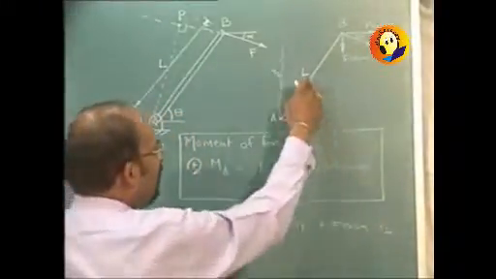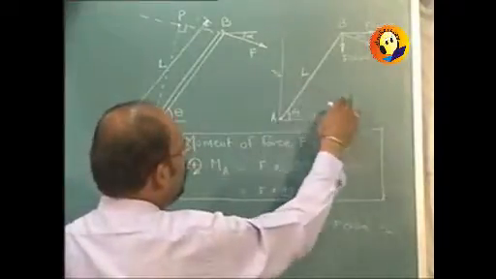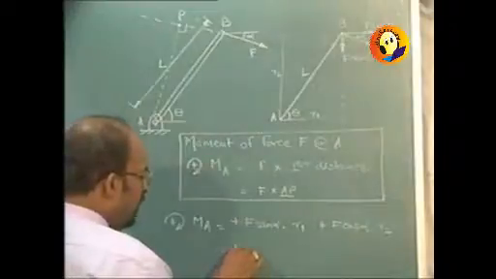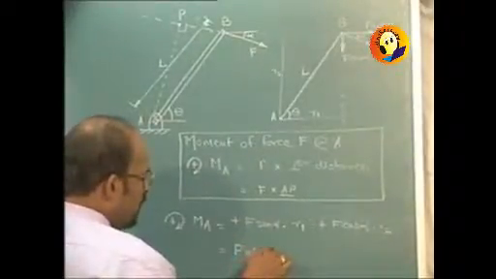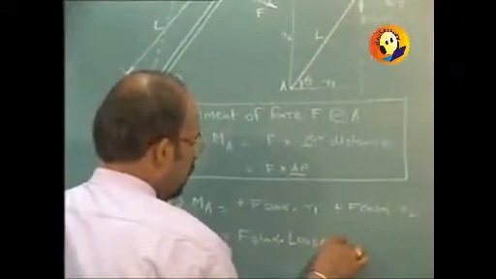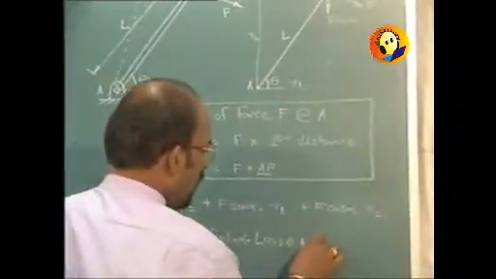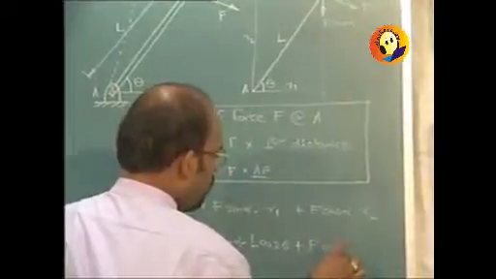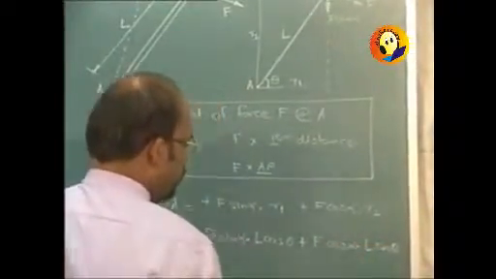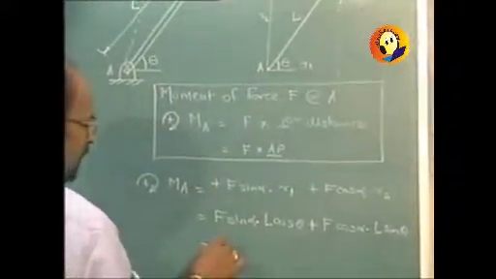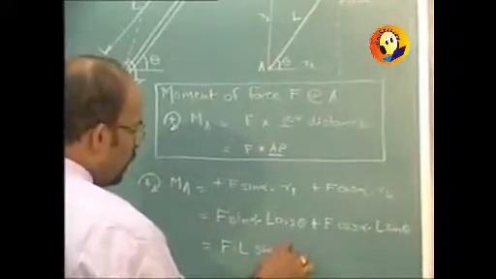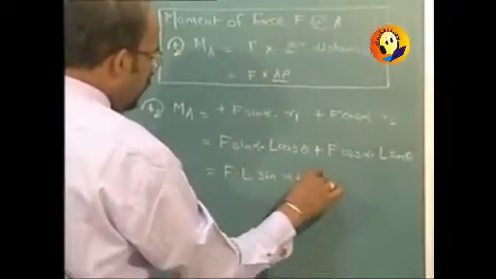So R1 will be L cos theta and R2 is going to be L sin theta. And so it can be written as F sin alpha into L cos theta plus F cos alpha into L sin theta, and which gives me the answer as F into L into sin of alpha plus theta.